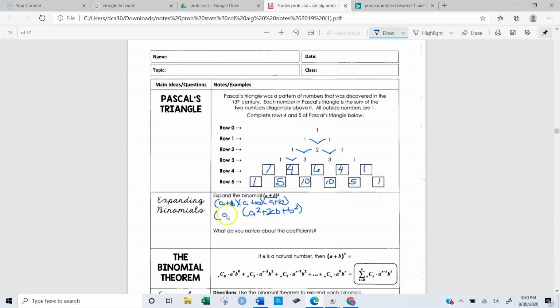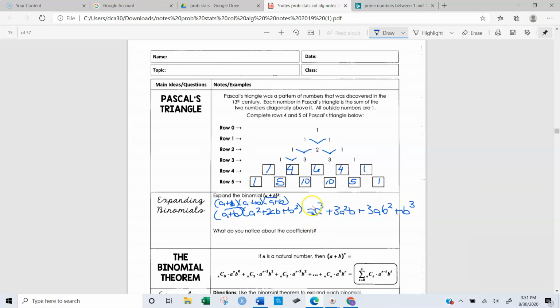Then you would have multiplied all of that by the other a plus b, distributing the a through and then distributing the b through, and you would have come up with a cubed plus 3a squared b plus 3ab squared plus b cubed. Okay, what I want you to notice is the coefficients here.